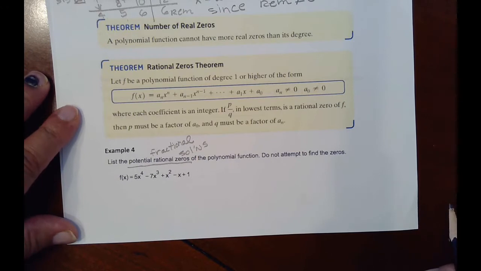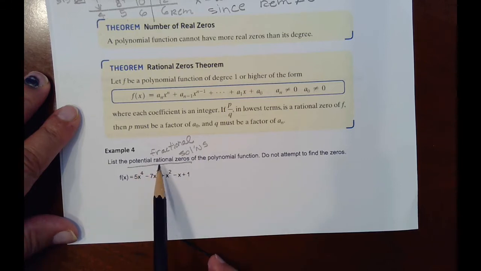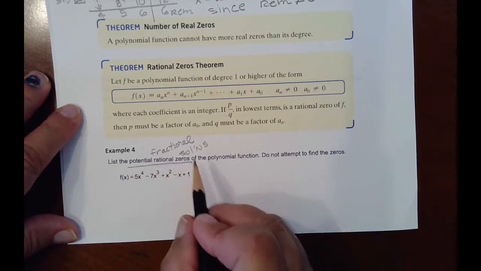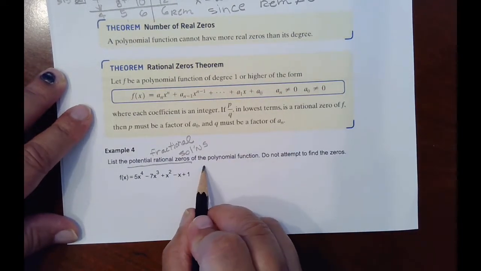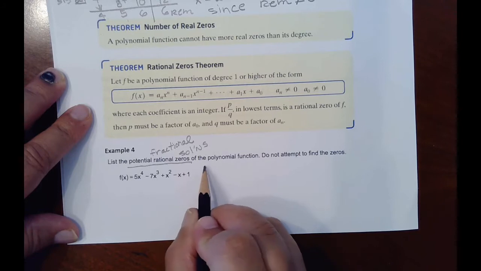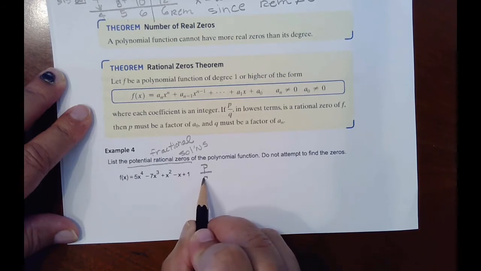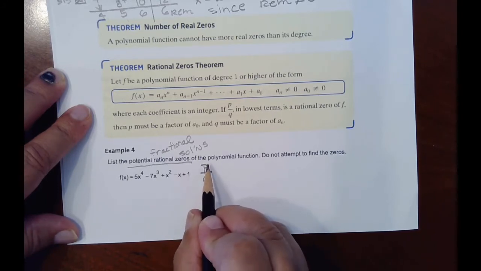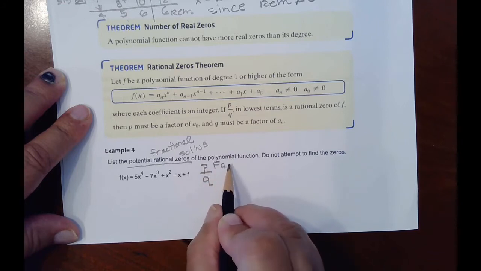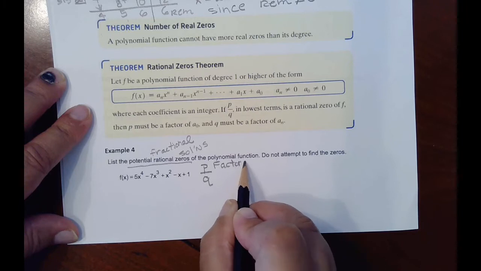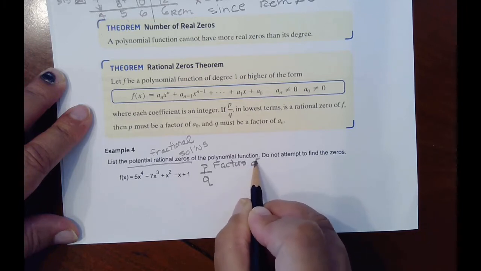So first let's teach how to get this list of possible solutions, also known as the list of potential rational zeros. Okay, so according to this, all of them will be fractional in their form. The top, the numerator, will be called P, which is really just the factors of the constant.